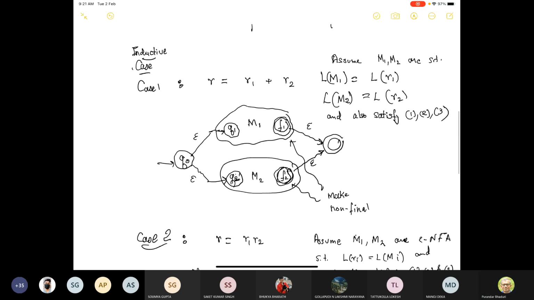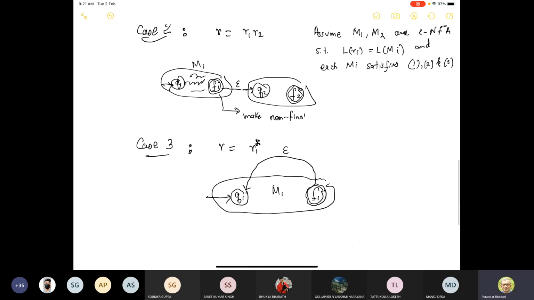Yeah. Okay. Let me just say what you need to do. You need to put a new initial state to satisfy those constraints and a new final state.